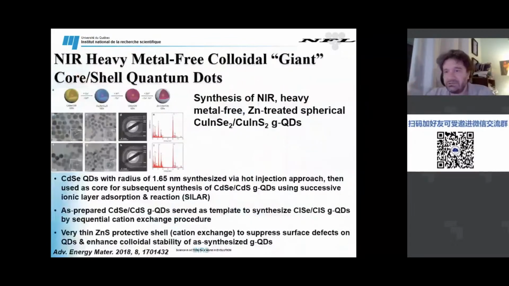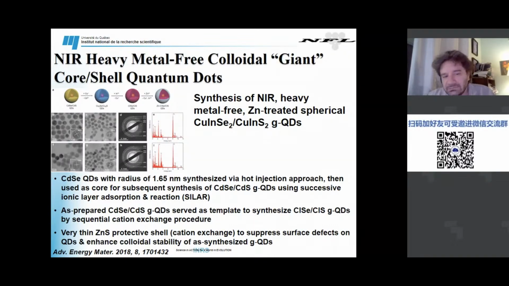So essentially from that initial case, we went to copper indium selenide, copper indium sulfide, which are heavy metal free, and they absorb the near infrared.